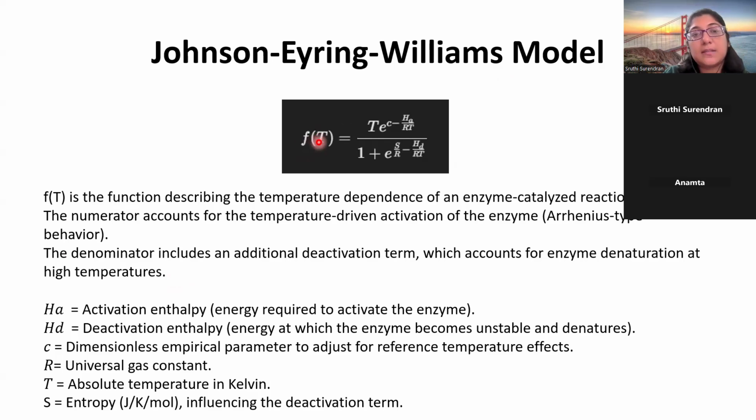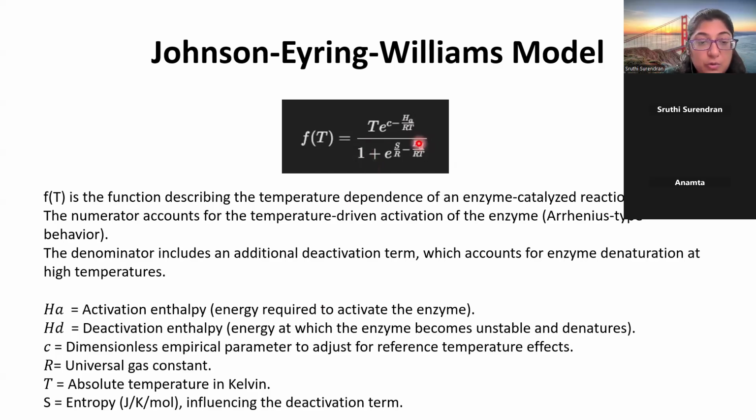Say if it is Vc max, Vc max as a function of temperature will be equal to the absolute temperature in Kelvin times e to the power C minus HA by RT. Again, C is the dimensionless empirical parameter that we are using to adjust for the reference temperature. HA is the activation energy, and RT is the ideal gas constant times the temperature in Kelvin.